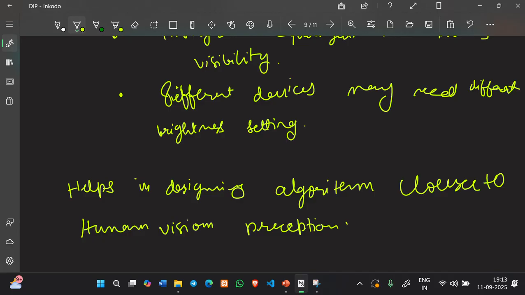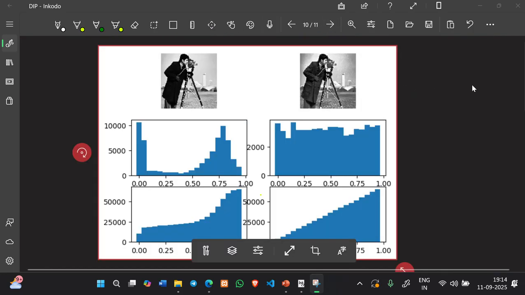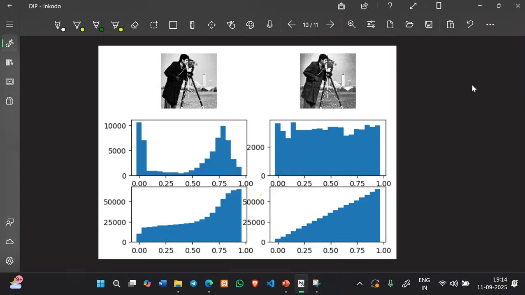Okay, so the next topic is a simple graphical explanation. It is a plot of perceived brightness versus actual intensity. The curve shows the nonlinear perception, and middle intensities are more distinguishable. This is its representation. See how the histogram representation works.